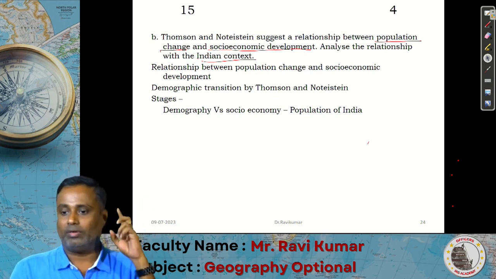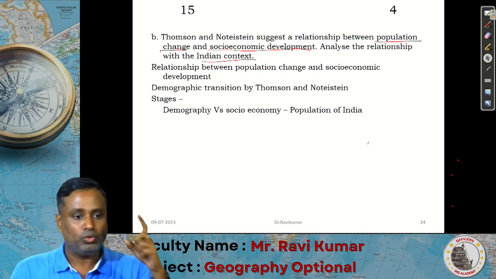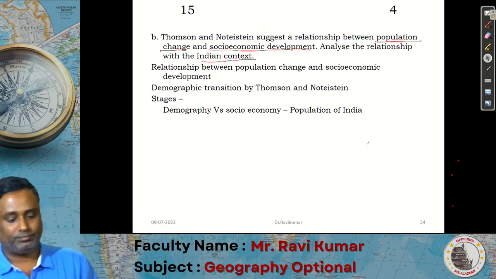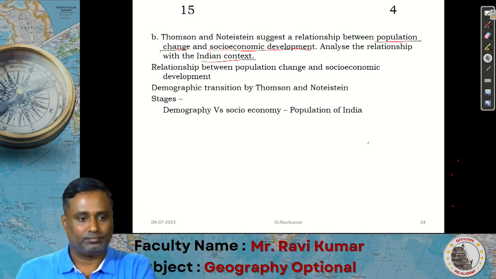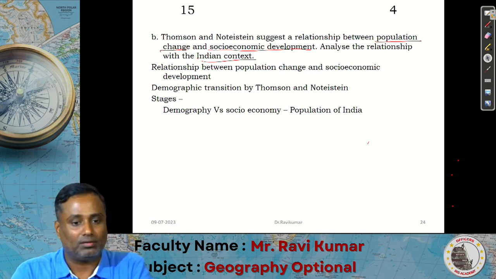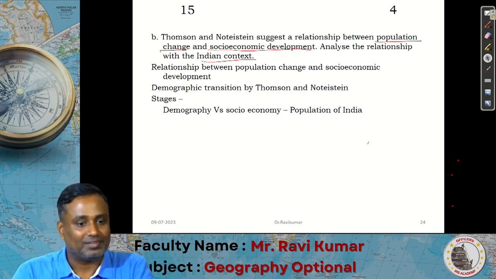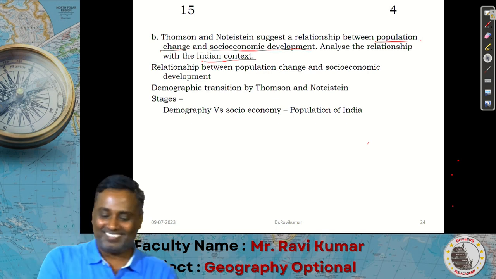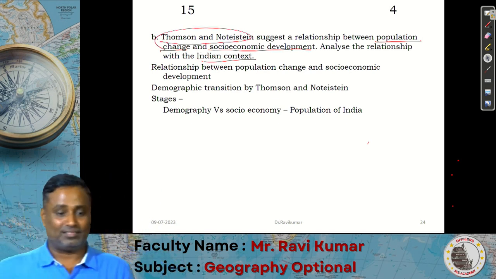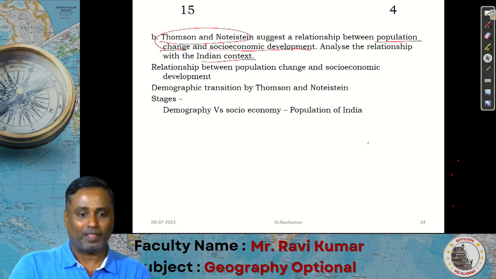When you are giving the values, you should give examples from India. DTM, demographic transition model. Yes, I forgot the name of that. See, that's the matter. This Thompson notice, that is why we should know the name of this scientist exactly. Sometimes they will give only the name. They will not give the theory.